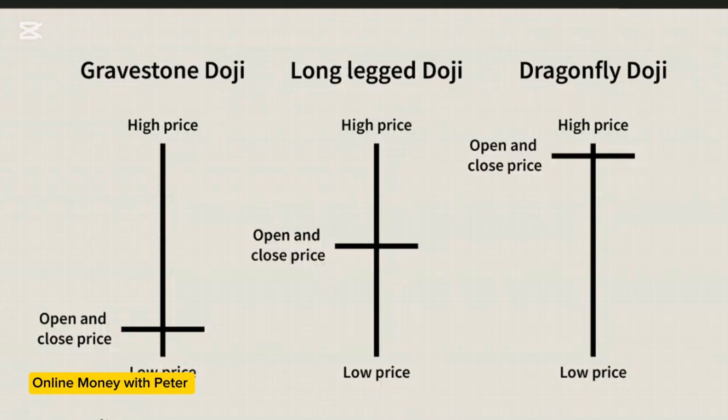I don't know whether you understand what I just said, but I believe that it's something that you can easily understand. Now let's take a look at these candlestick patterns on a chart.